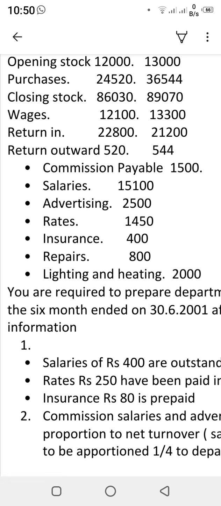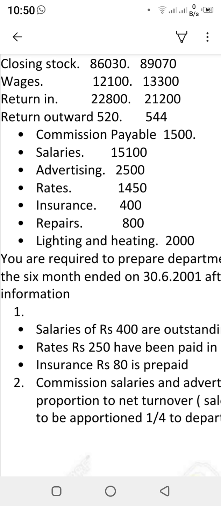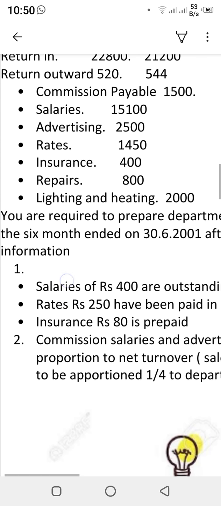Next is commission payable. It's a profit and loss item. Salaries, profit and loss item, debit side. Advertising expenses, profit and loss item, written on the debit side. Rent and rates, or simply rates, profit and loss item, appears on the debit side of the profit and loss account.